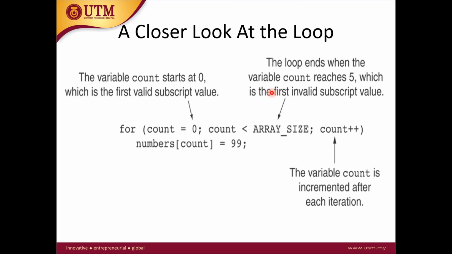So if we look closer at the loop, what can we see? We start from 0, that means the first index of the array, and we say less than array size. So we know that the last element of the array is array size minus 1. So this one is going to be true up to this one.